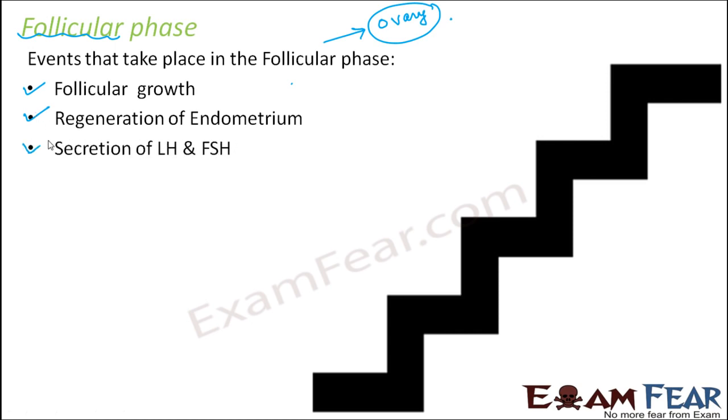Secretion of LH and FSH. LH and FSH are the luteinizing hormone and the follicle stimulating hormone. These hormones will also play a very important role. And what role is that? We will see that. So these are some of the things which will take place after menstruation as a part of the follicular phase. And finally, ovulation. So ovulation will happen in the follicular phase.